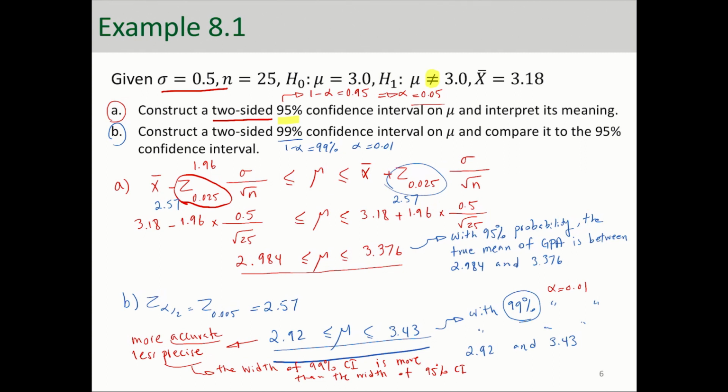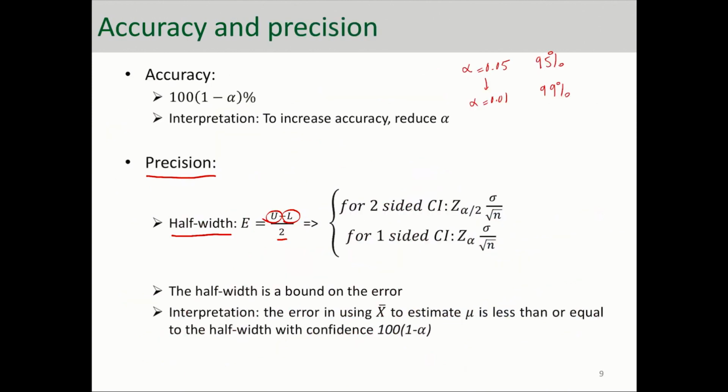So to measure precision, we use half-width, which is half of the width. Basically, for two-sided confidence interval, this is the half-width. For one-sided confidence interval, this is the half-width. And for accuracy, we basically look at alpha.